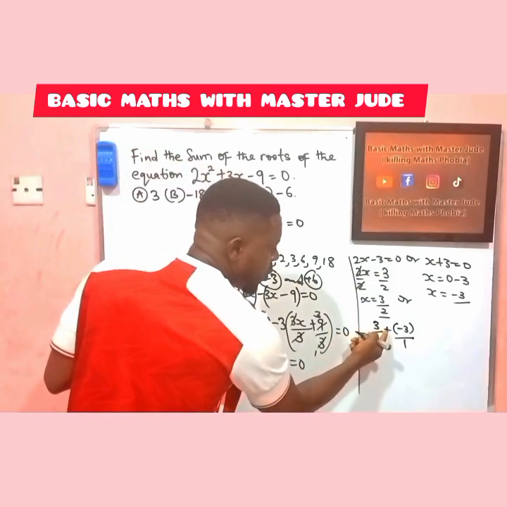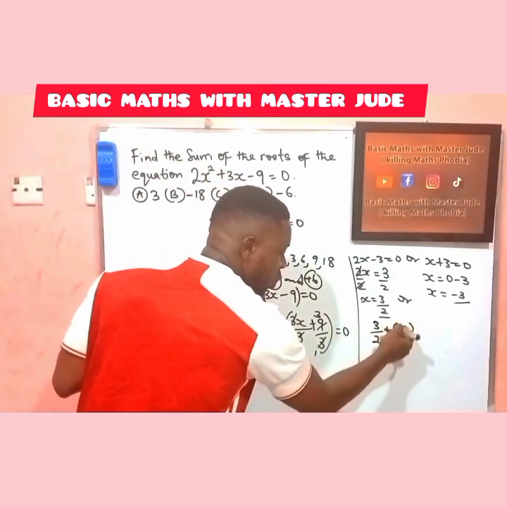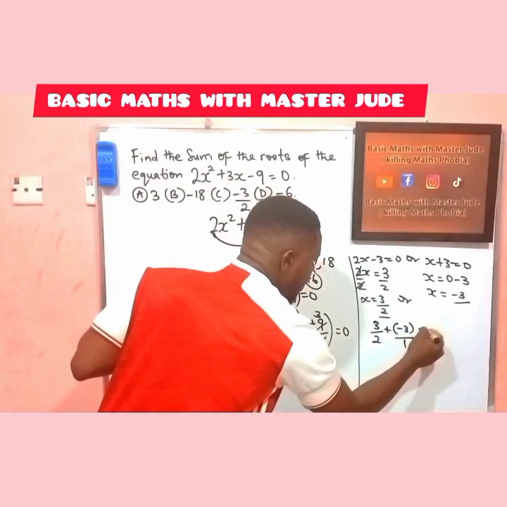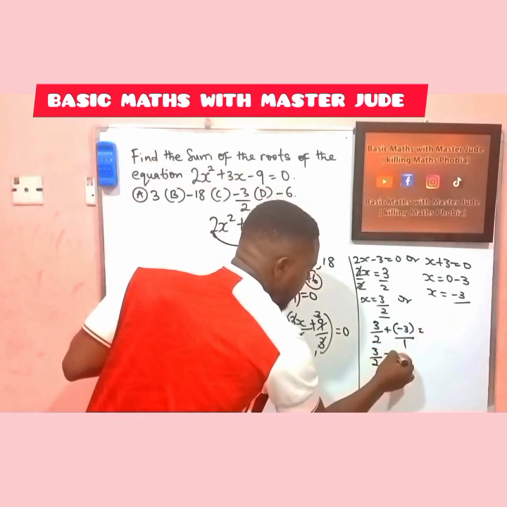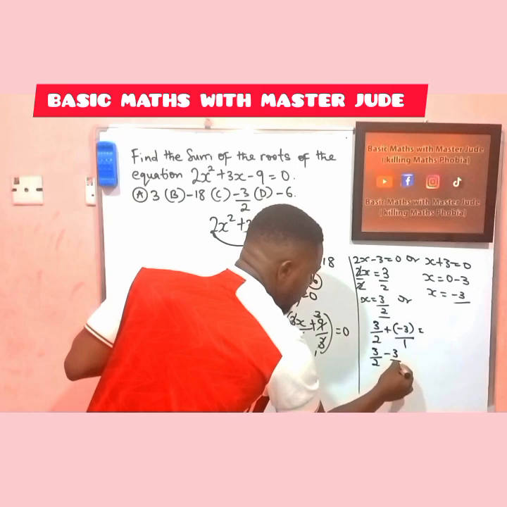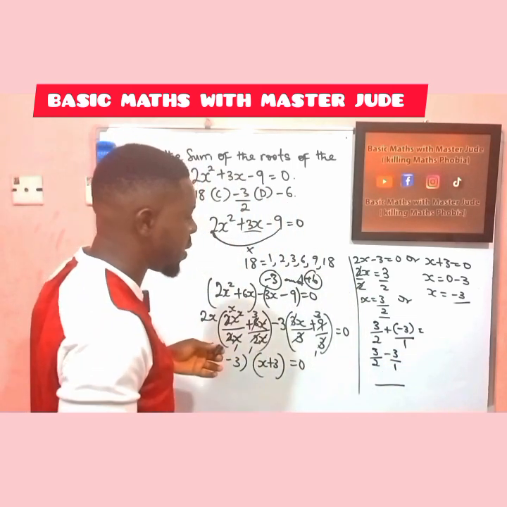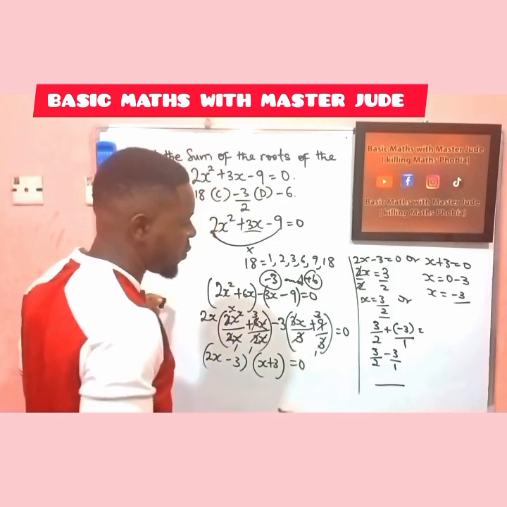Then I will now do plus times minus to open this bracket. Plus times minus will give me minus. So I have 3 over 2 minus 3 over 1. Then I can now use subtraction of fractions to solve.